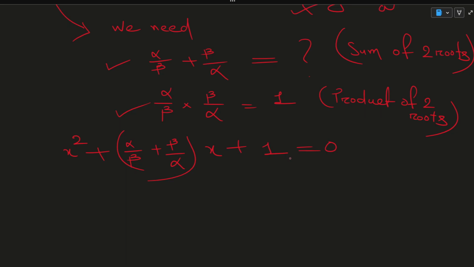So it will be the quadratic equation. So from the given data we will try to evaluate.